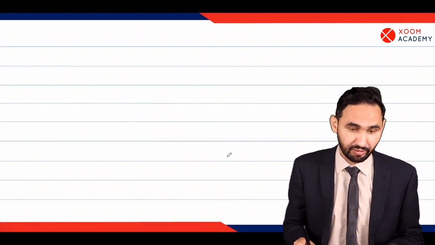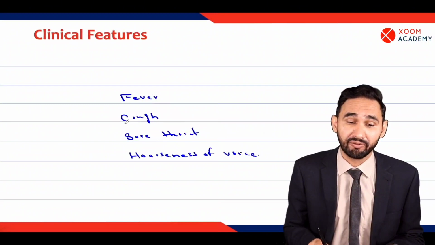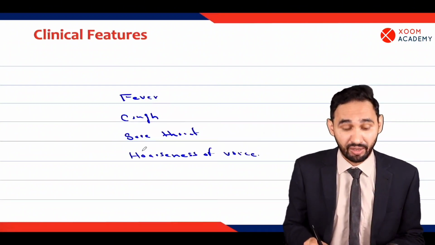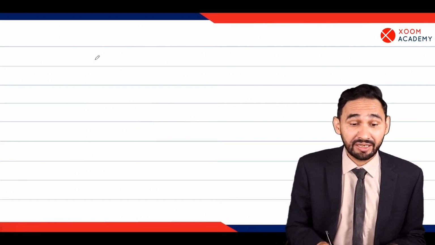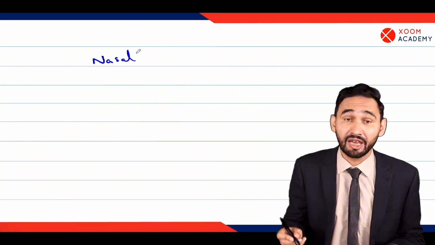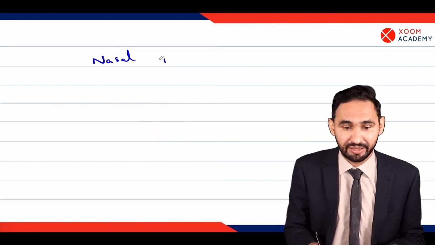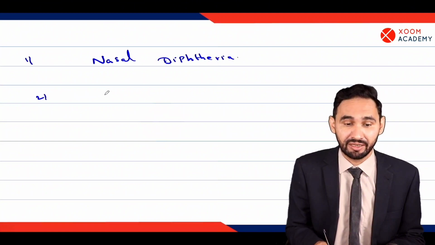So you can remember the major clinical features: fever, mild to moderate, cough, can be productive, sore throat, hoarseness of voice. There can be nasal diphtheria. These are various types of diphtheria, nasal diphtheria. It can affect the nose. It can cause sneezing. There can be pharyngeal diphtheria when it affects the pharynx.